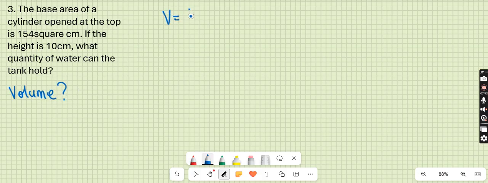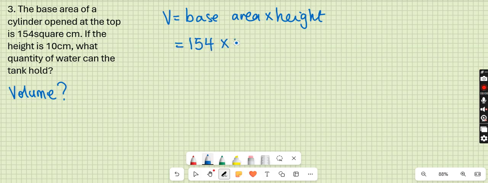So we know that volume is base area times height. Our base area is 154, as we already did in the earlier example, times 10. So this is going to be 1,540 centimeters cubed. And this is a practical way of asking the volume.